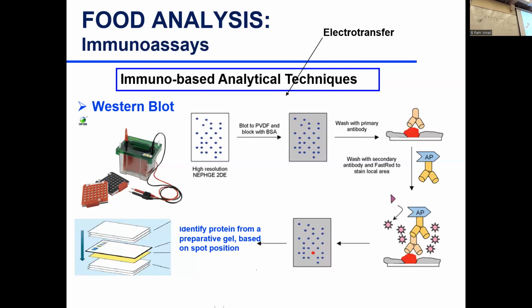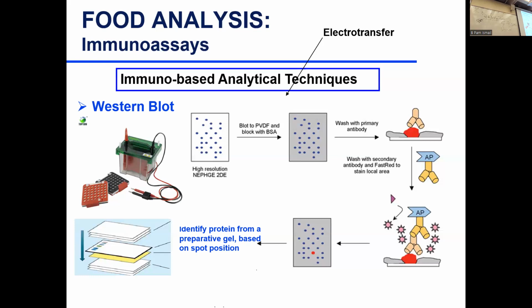Basically, you put your gel on one side, and on the other side you put the PVDF membrane. You close that, and then you put it in a specific compartment. You can run 2 at a time.